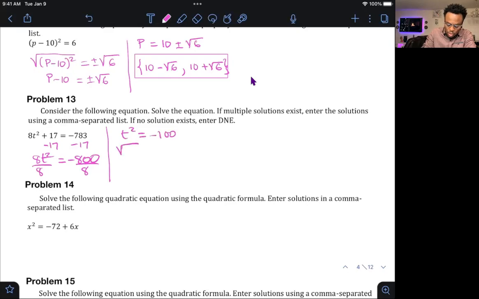When we take the square root of both sides, that will be plus or minus 10i, right? So that's t equals plus or minus 10i. And then we would have the solution set that is 10i, negative 10i.